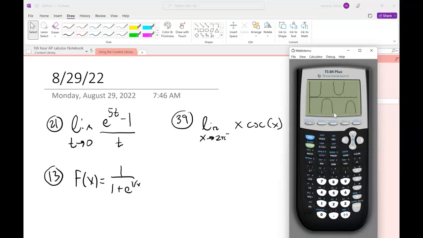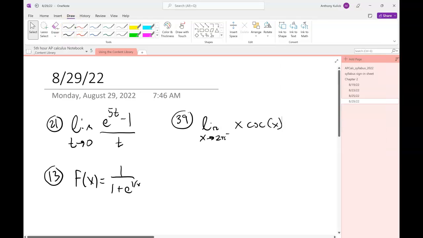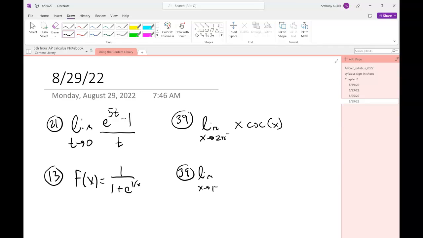Number 39 from the other version. Okay. So the other 39 says to determine the limit as x approaches 1 from the left and the right of 1 over x cubed minus 1.